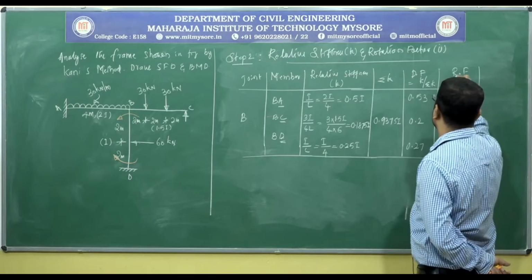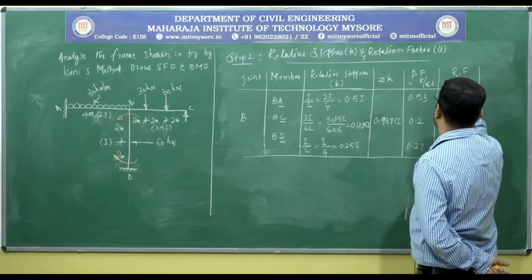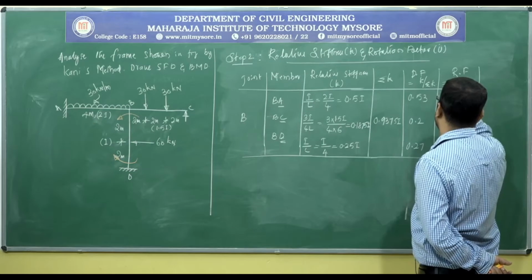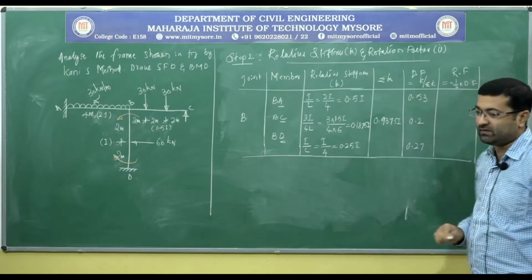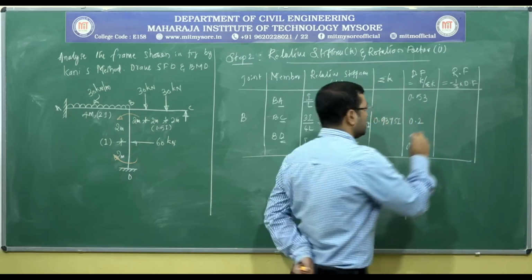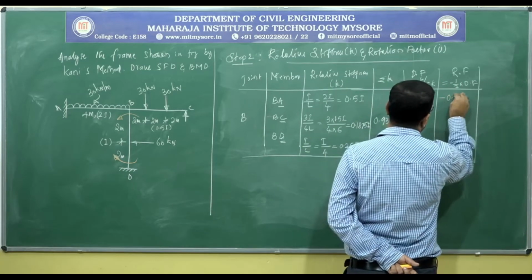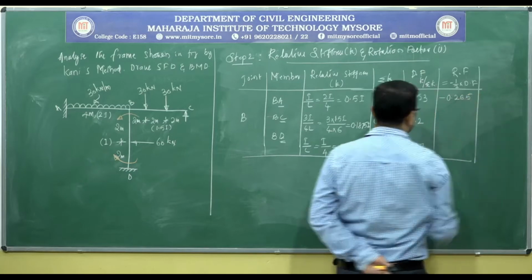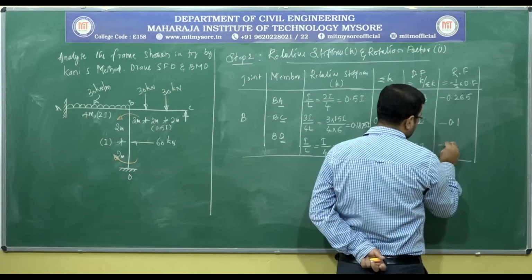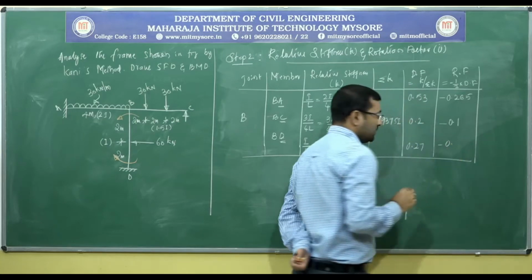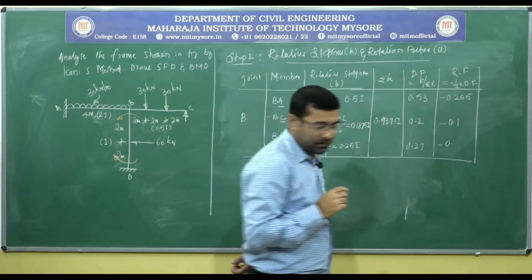So now we need to calculate the rotation factors. The rotation factor is equal to half of the distribution factor, with a negative sign. So we need to take half of these values. So it is minus 0.265, this is minus 0.1, and this is minus 0.133.